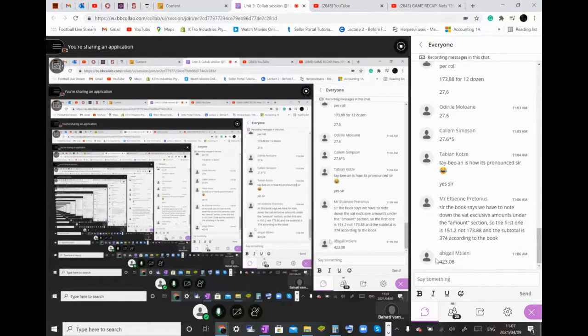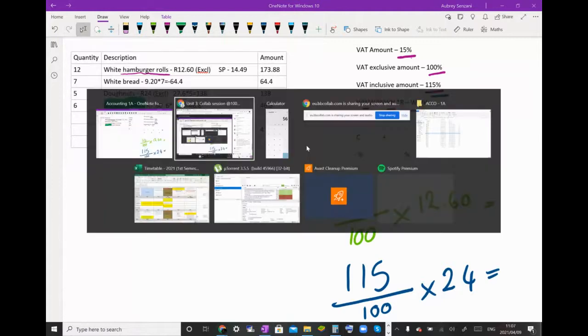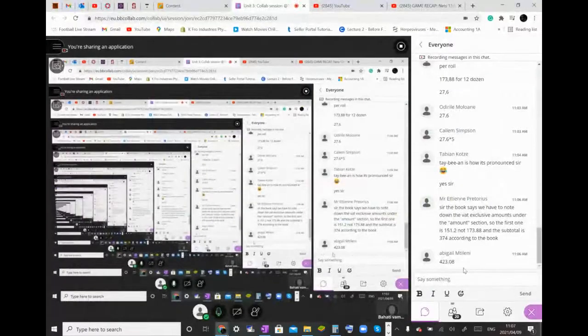So let's do this. I'm going to take this 423 and 8 cents, and I'll explain why just now. When you pay for your stuff, wherever you buy your groceries or go buy something which has VAT, do you pay the amount exclusive of VAT or the amount inclusive of VAT?